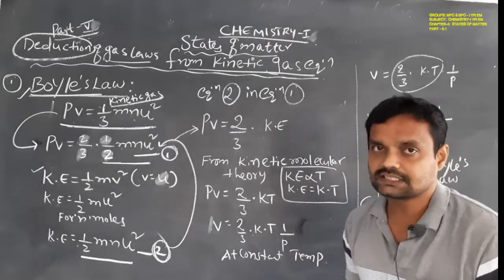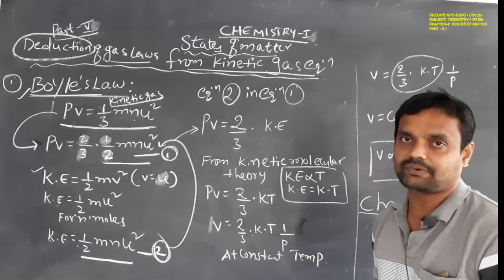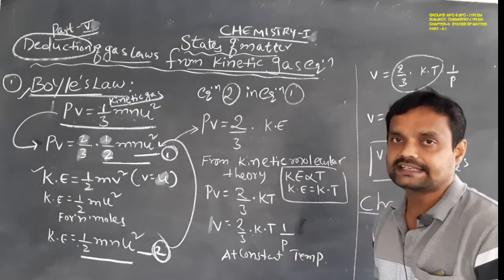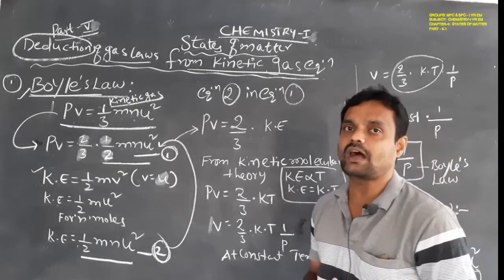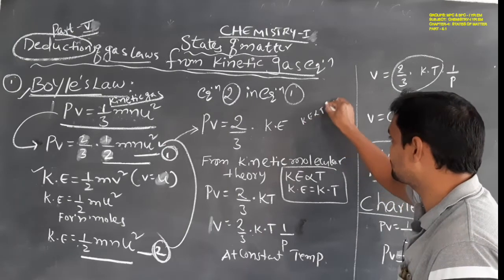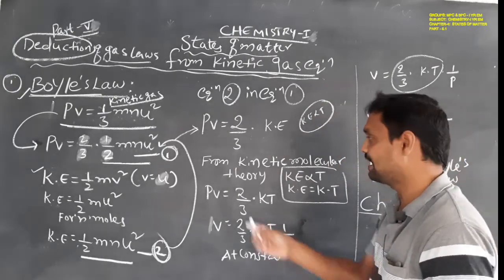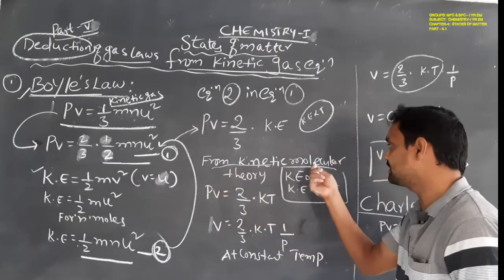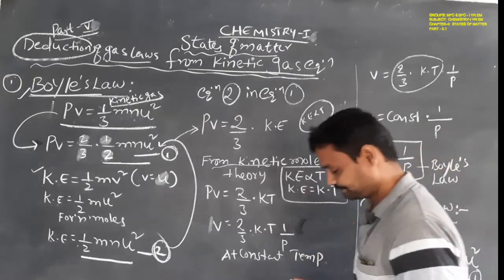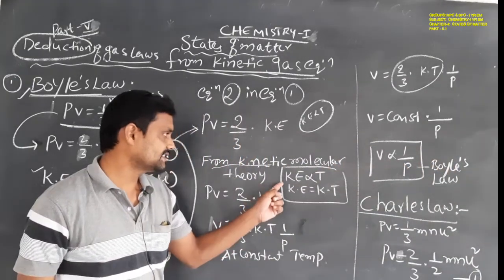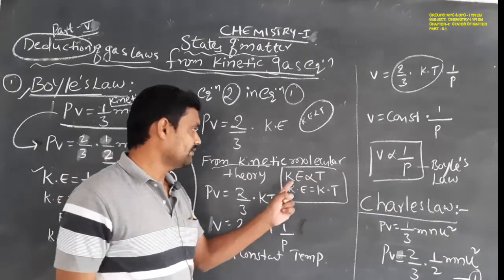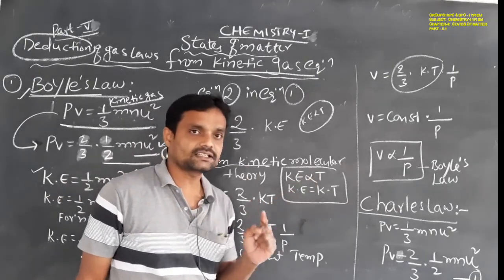Already we have learned from the postulates of the kinetic molecular theory that the average kinetic energy of gas molecules is directly proportional to absolute temperature. So from kinetic molecular theory, the kinetic energy is directly proportional to the absolute temperature T. When we remove the proportionality, we get a constant.